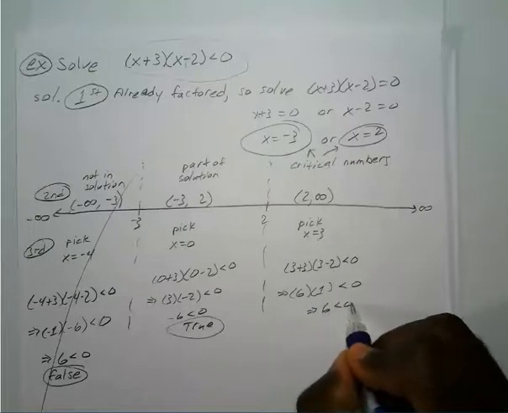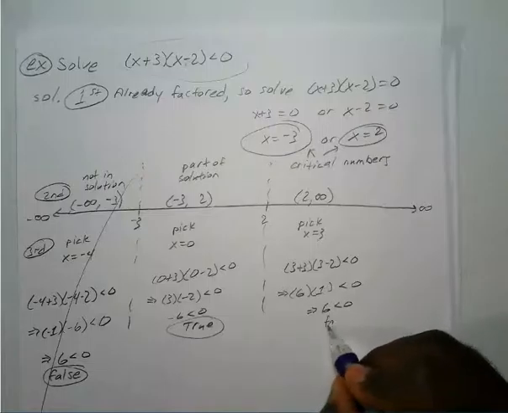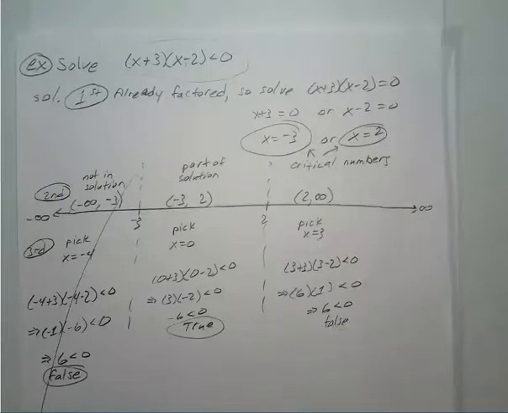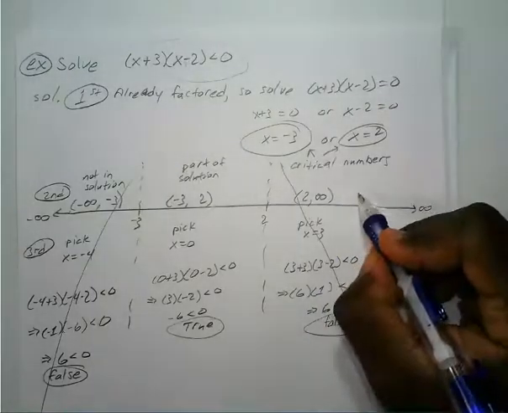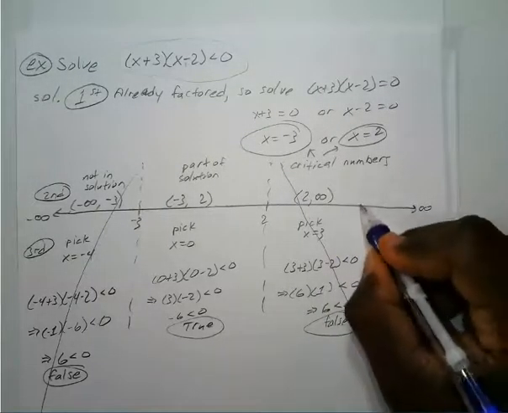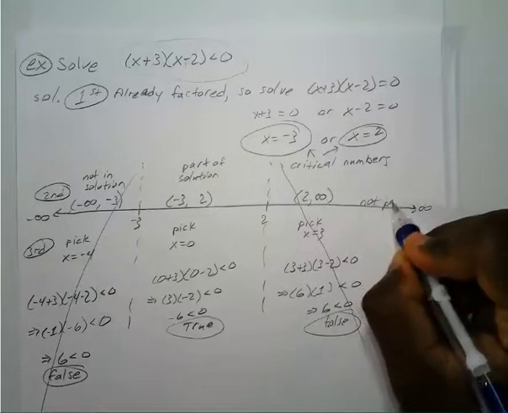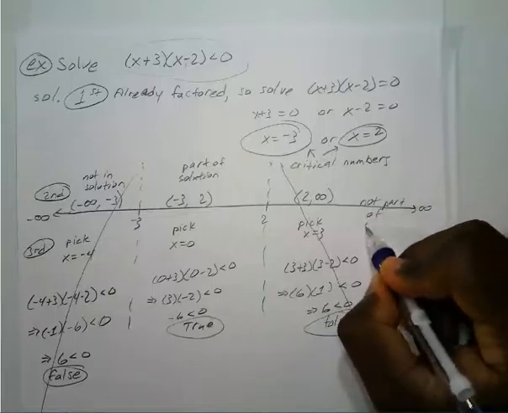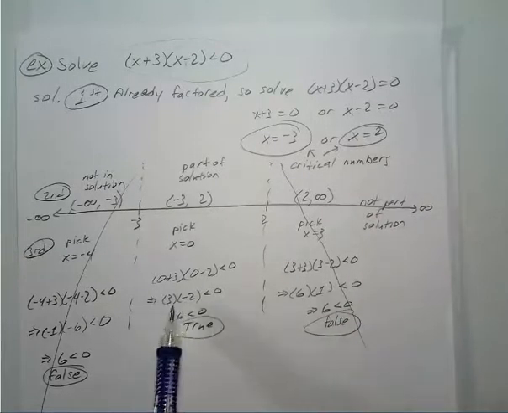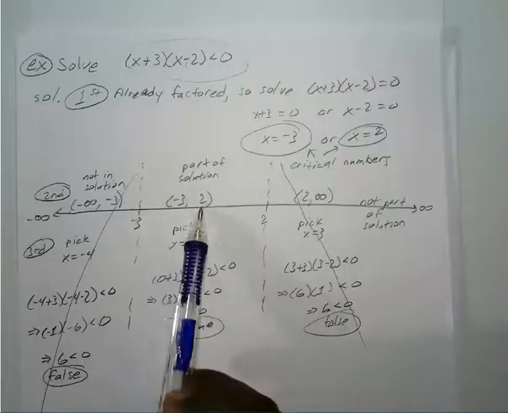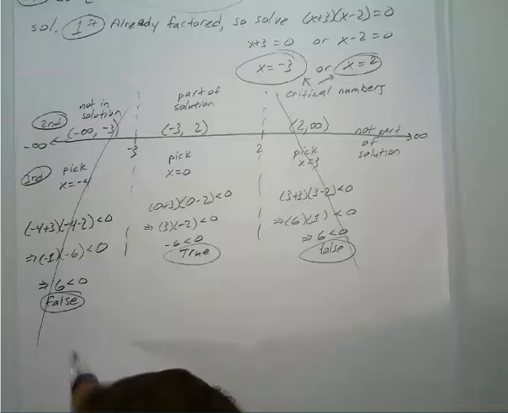That gives us 6 is less than 0, which is false. So again, we know that this is not part of the solution set. Okay, so the only section that's part of the solution set is from -3 to +2. Okay, so that gives us our solution.